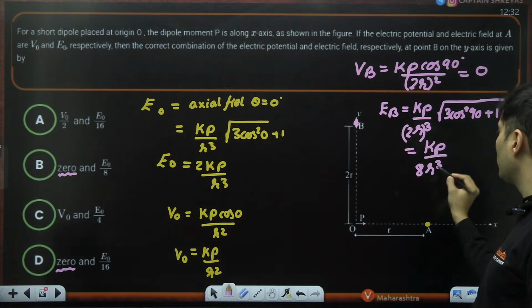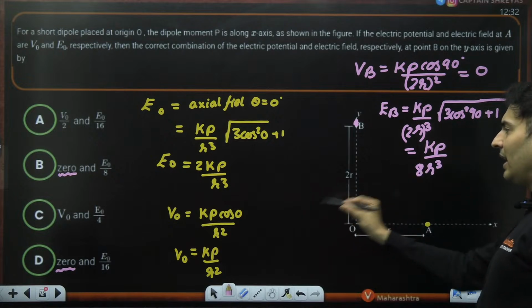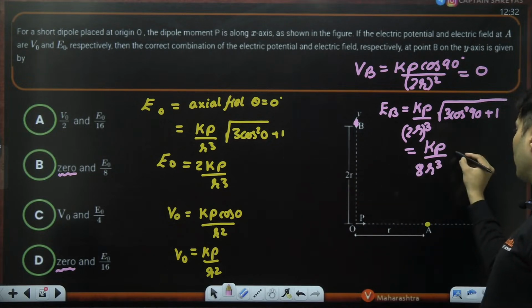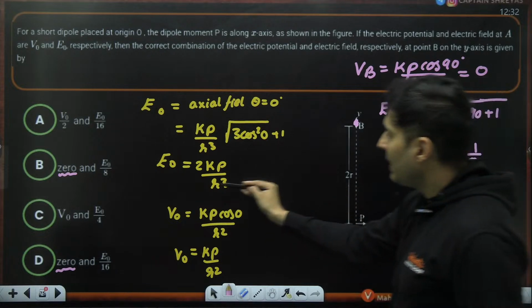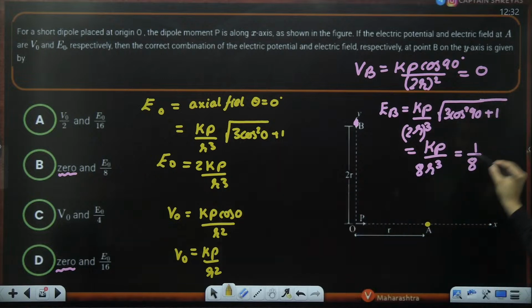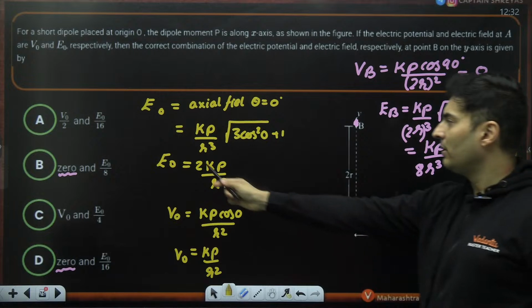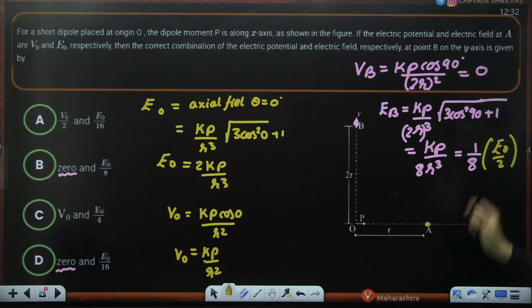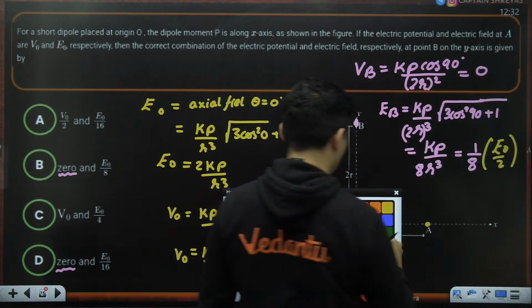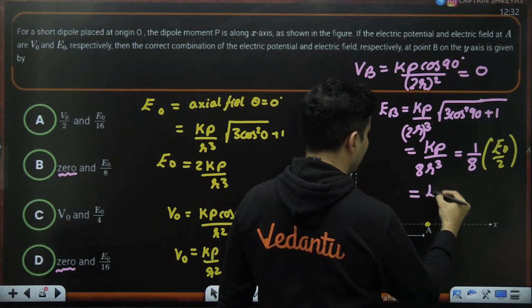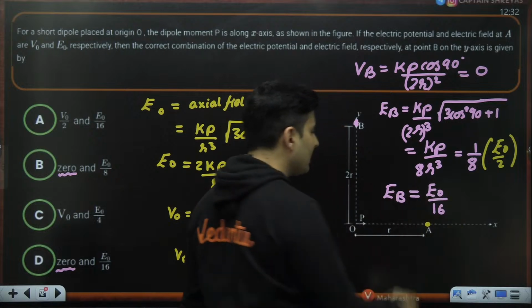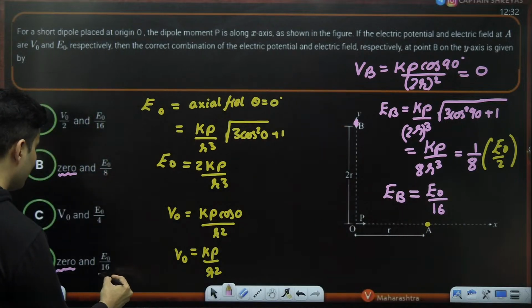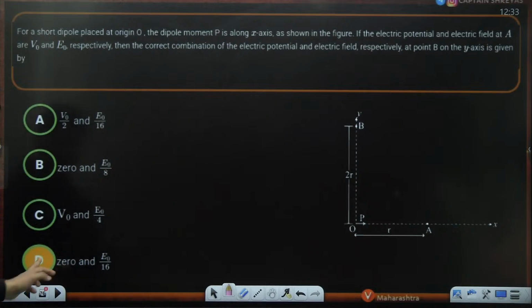If you compare that with the E naught value, this will be 1 by 8 times of Kp by r cube, and Kp by r cube is E naught by 2. So therefore, this is E naught by 16. So the electric field at point B is E naught by 16, which is there over here. So D option should be the right answer.